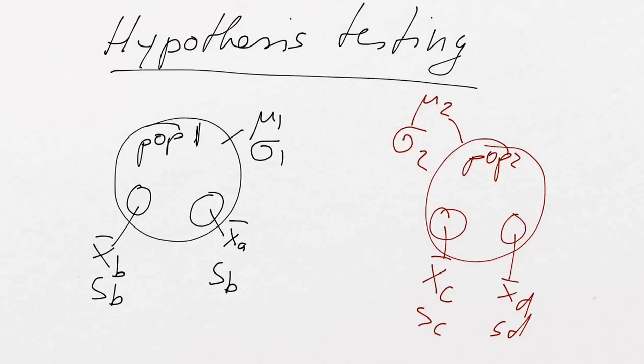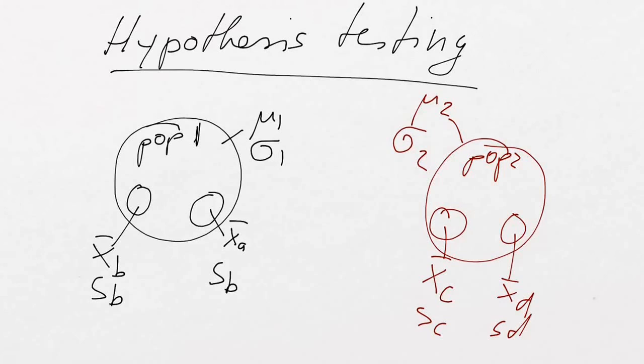Just from looking at that, would you say that the populations are different from each other? Do they have the same mean? Do they have the same average?